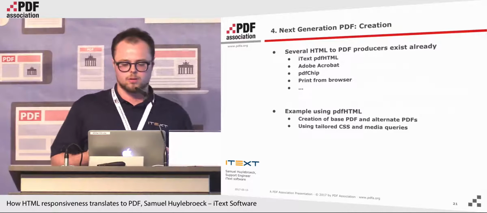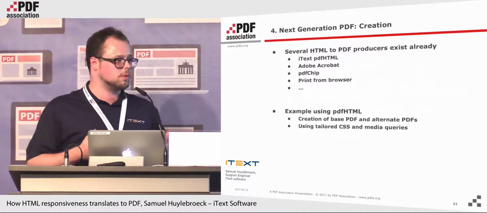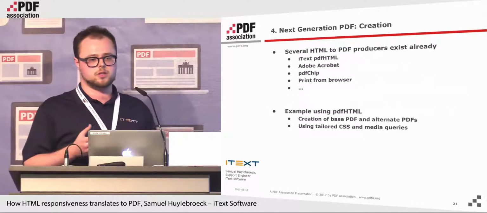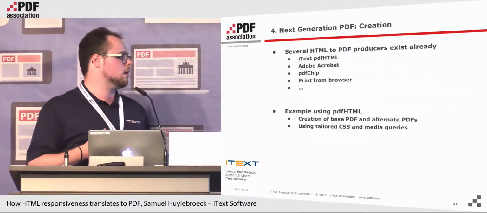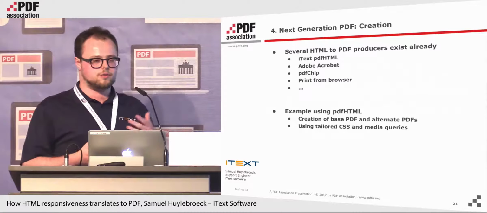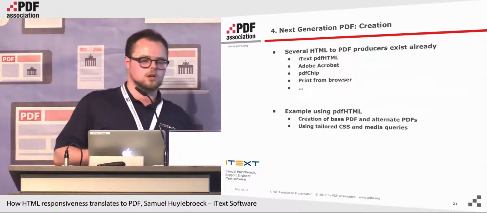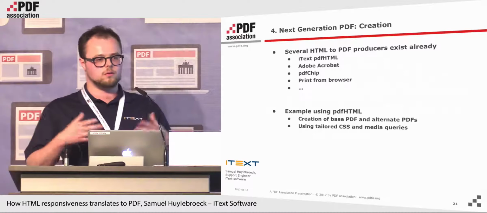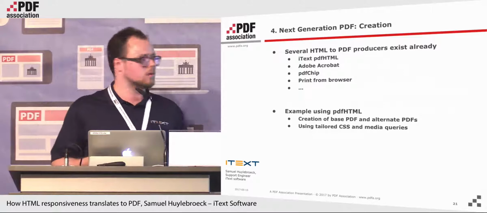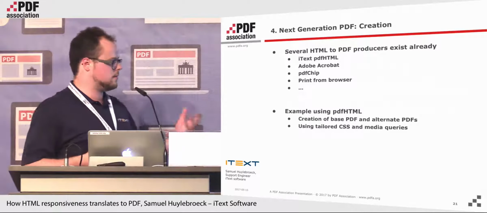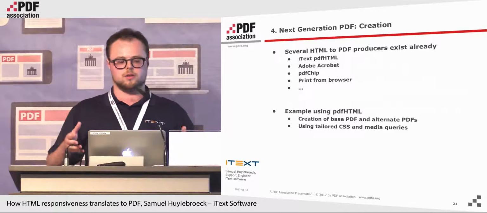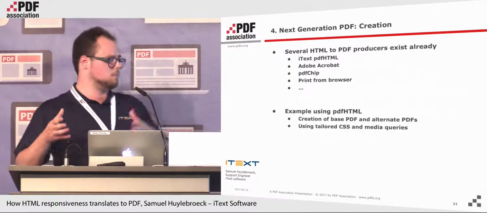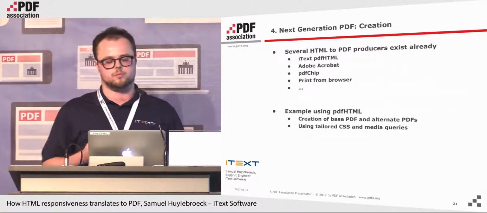But some are a bit more ready than others, and I'd like to use pdfHTML as an example of creating both a base PDF as well as alternate PDFs from the input HTML together with tailored CSS. And then later this could be a possible next generation PDF producer.